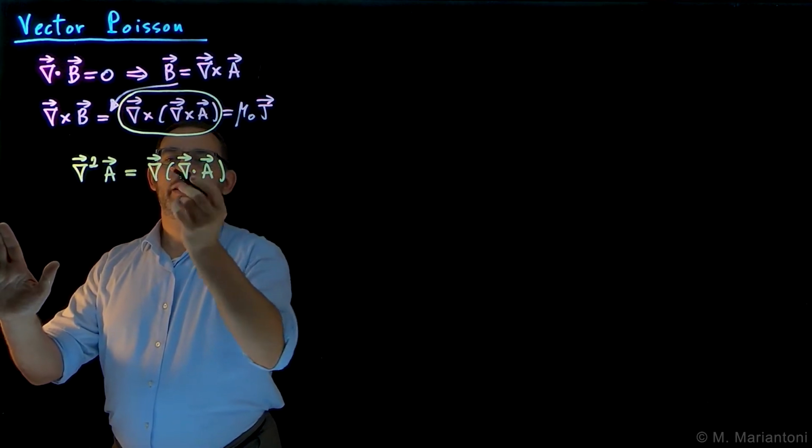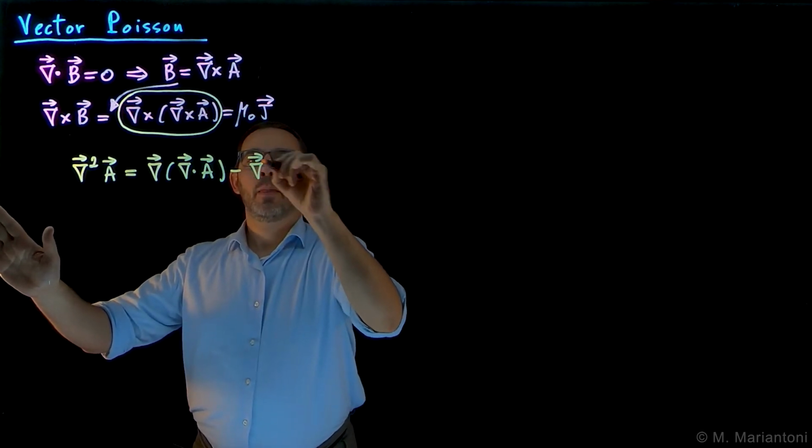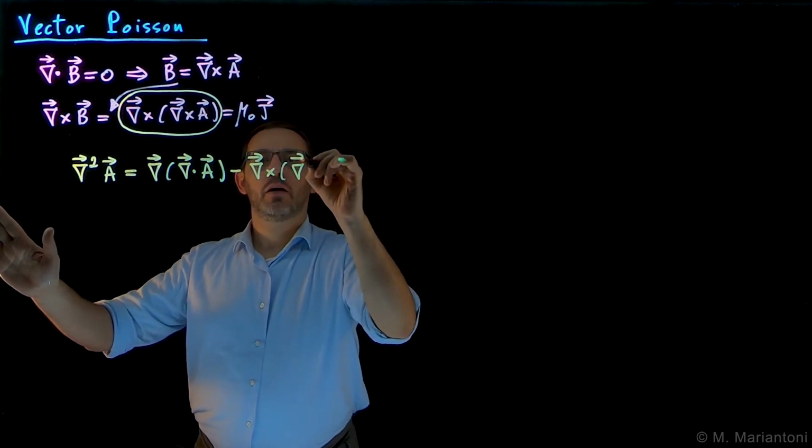We feed the scalar to a gradient, which gives us a vector. This is the vector Laplacian, and minus the curl of the curl of A.